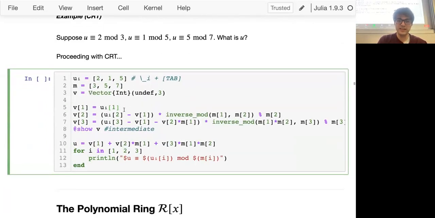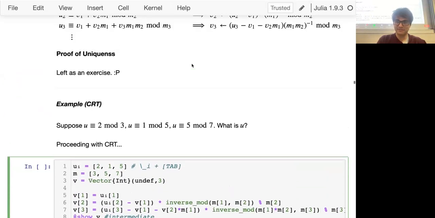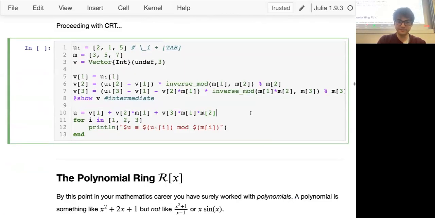V1 is equal to Ui at 1. V2 is equal to the difference of these times their inverse. And if I run it, I'm claiming that U is going to be equal to this number, because by line 10 we'll have values for V and we know the M's.